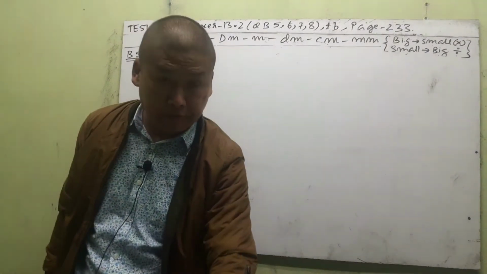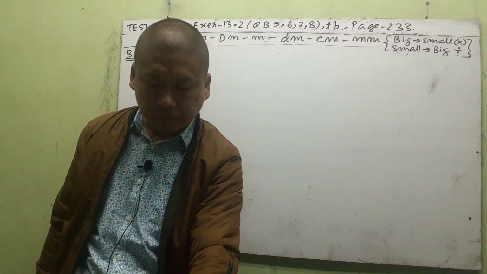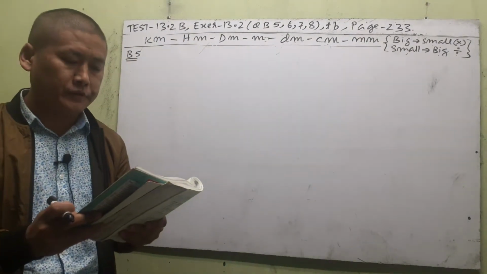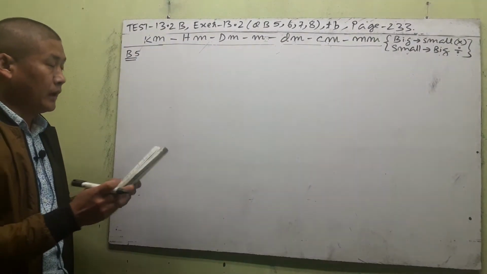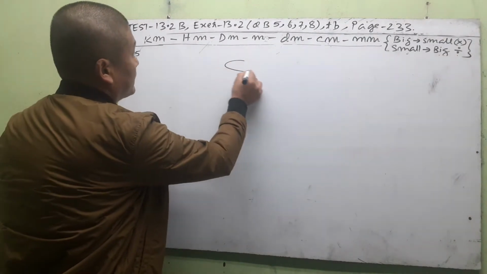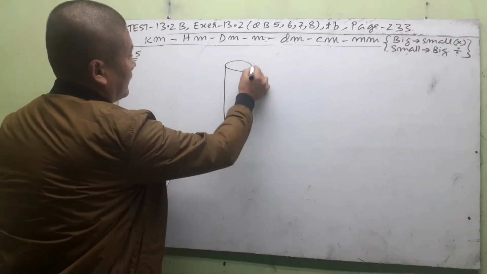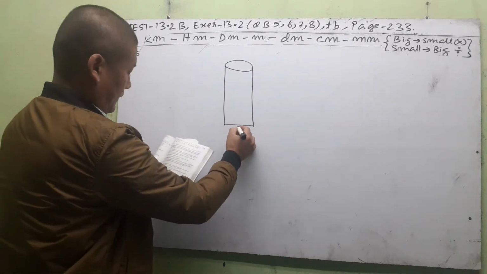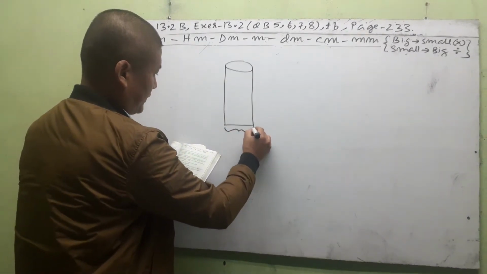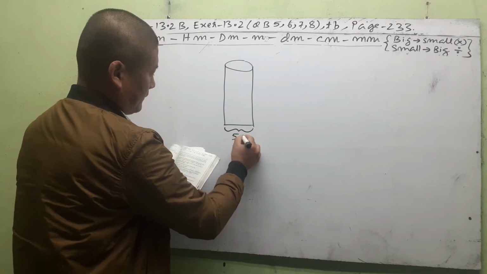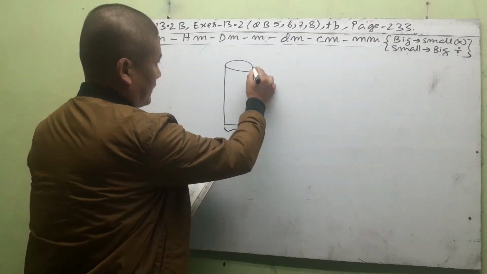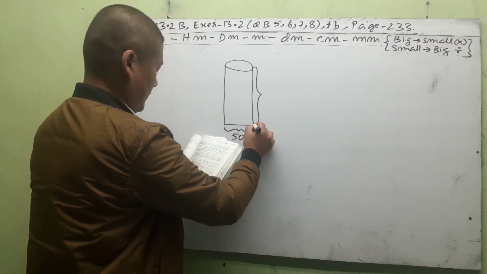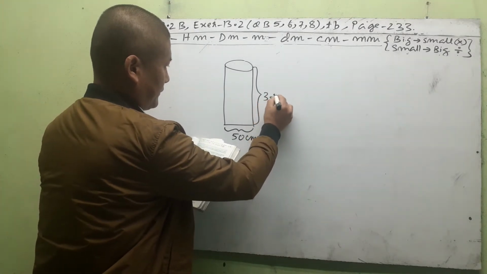Let me read the question for us. A cylindrical pillar is 50 centimeter in diameter and 3.5 meter in height. So a cylindrical pillar is 50 centimeter in diameter, means from here to here 50 centimeter, and the height means from here to here is 3.5 meter.